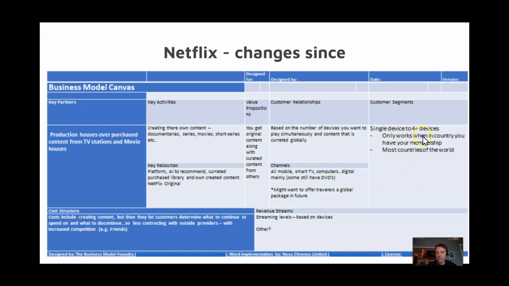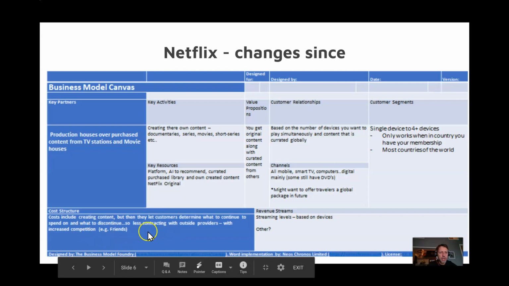So they've got single devices to 4+ devices. It only works in your country where you have membership, but most countries of the world you can purchase a membership. And so down the road, again, maybe they would add a global traveler or the international community, so you can cross international boundaries and still use it, at least in some areas.